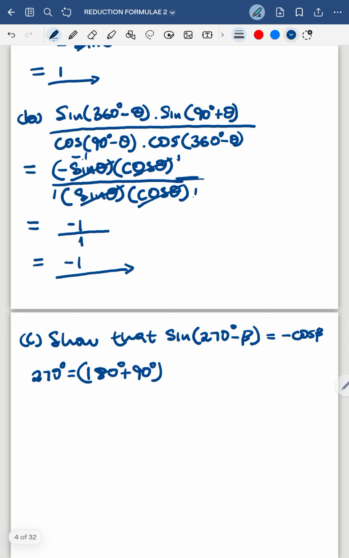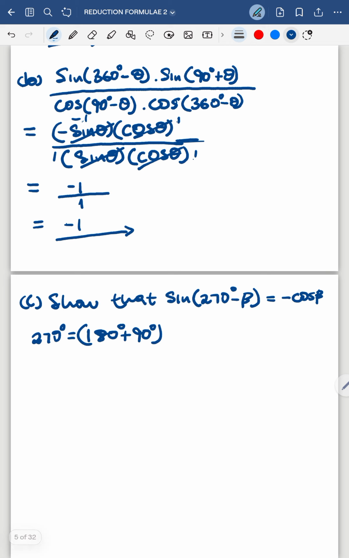So what we're going to do now, therefore, sine, we're going to write a square bracket, then a small bracket here. No, not yet. We haven't expanded. We are just writing the question now. So we are still showing that sine of (270 degrees minus beta) is equal to negative cosine beta.